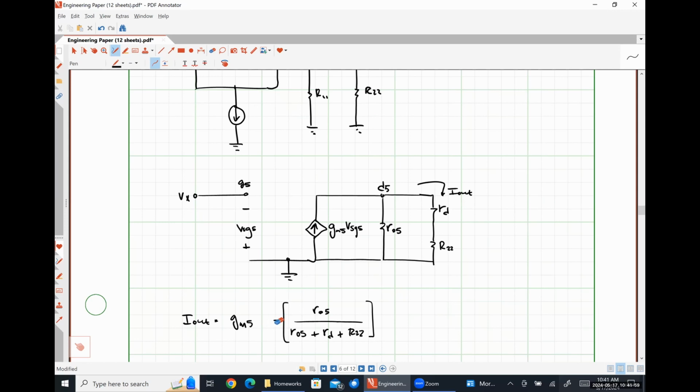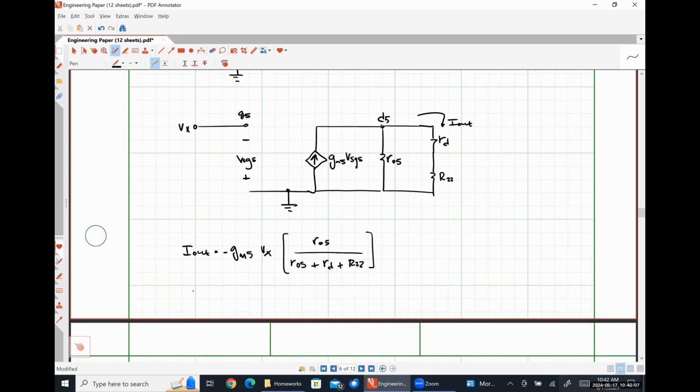So if we put a Vx here and we put a negative sign here, then what is Iout over Vx? Well, I think it's negative gm5 ro5 over ro5 plus RD plus R22.